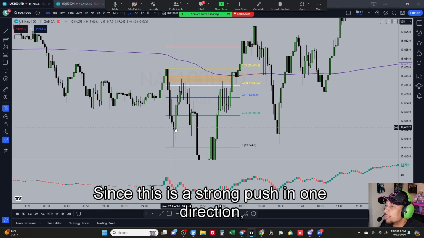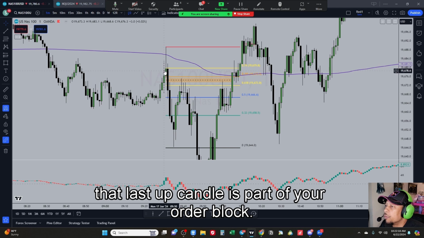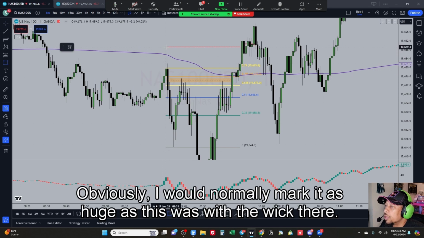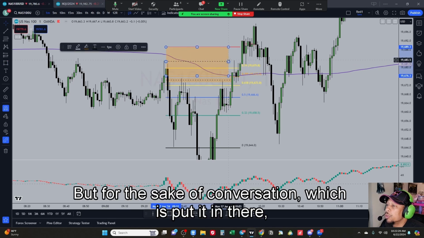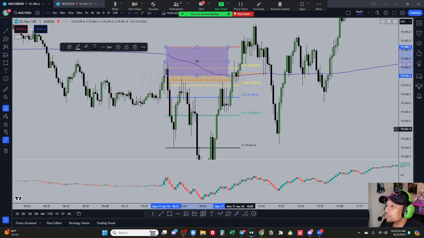Since this is a strong push in one direction, that last up candle is part of your order block. Obviously, I would normally mark it as huge as this was with the wick there, but for the sake of conversation, we'll just put it in there. Got your order block. Boom, right?